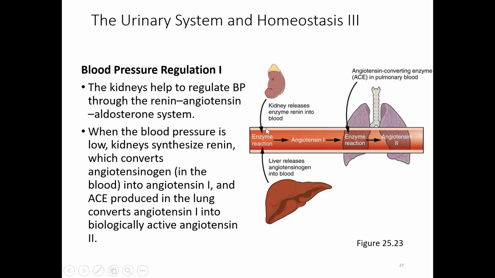And when kidneys release renin, it happens when blood pressure is low, that renin turns angiotensinogen into angiotensin 1. A little bit later, lungs take part in the process also. They produce ACE, angiotensin converting enzyme, into the blood, and ACE converts angiotensin 1 into angiotensin 2.